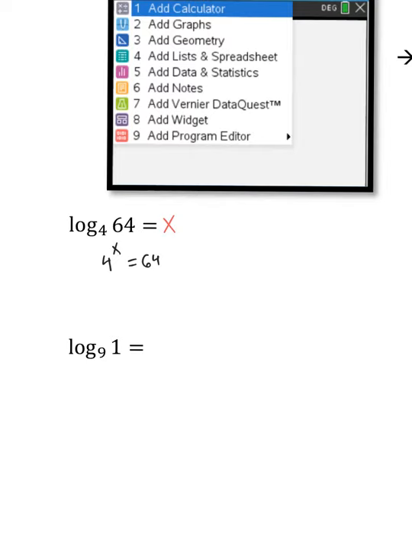So this is asking me 4 to what power is 64? Well, 4 squared won't work because that would give me 16. But if I do 4 to the 3rd power, that would give me 64. So that means the exponent required to get to 64 is 3. So this logarithm is going to be equal to the number 3.